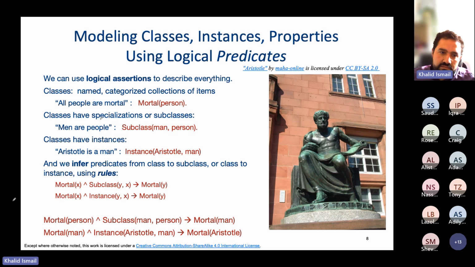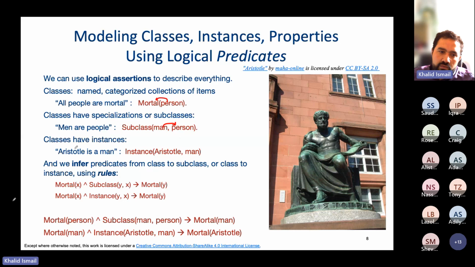Classes themselves have more specializations, or subclasses. For example, men are people. So you can write it as an expression: subclass of man and person. So man is simply a subclass of person, or a man is a person. And here we have a person is mortal.